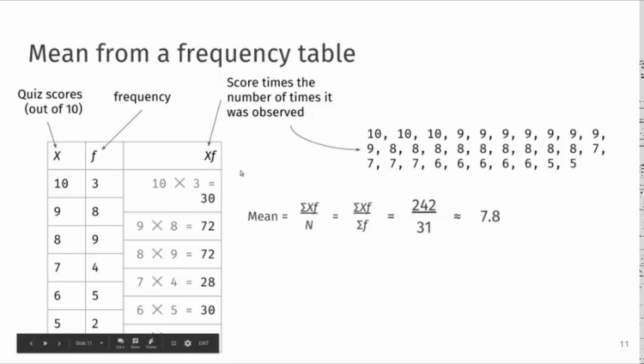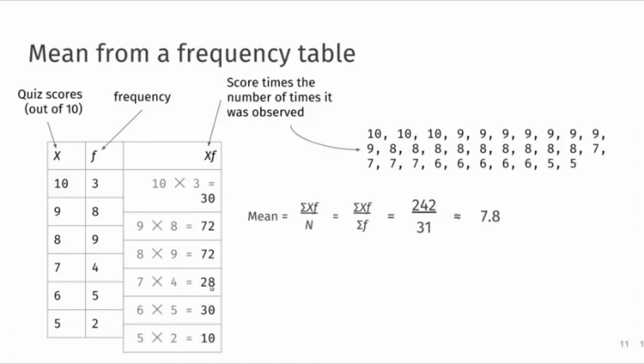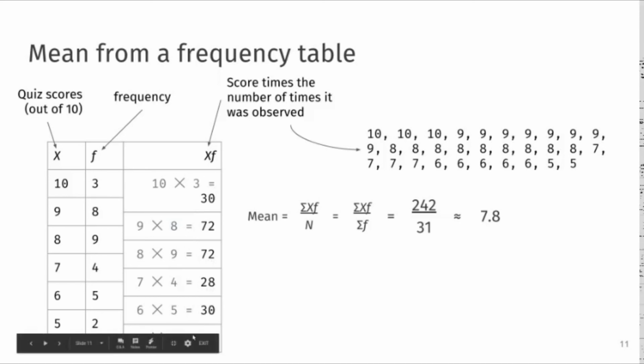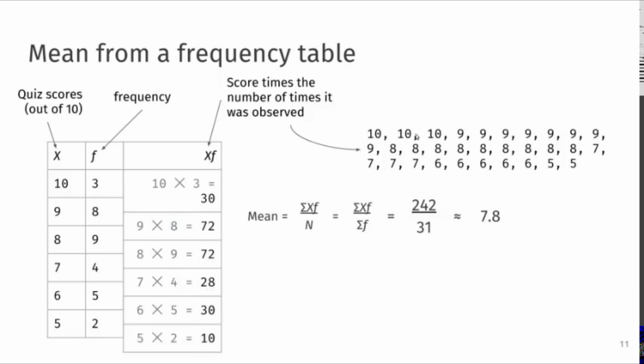So we can do this either by doing it in this column way, so we do 10 times 3 is 30, and then add 30 plus 72 plus 72 plus 28 plus 30 plus 10, or we can do it the more mechanical way that's perhaps more appropriate to the definition of the mean. Just rewrite the data this way and add them up like this.